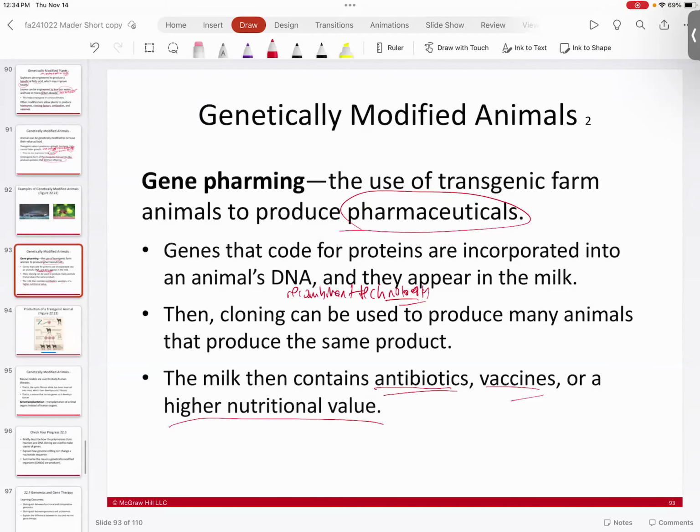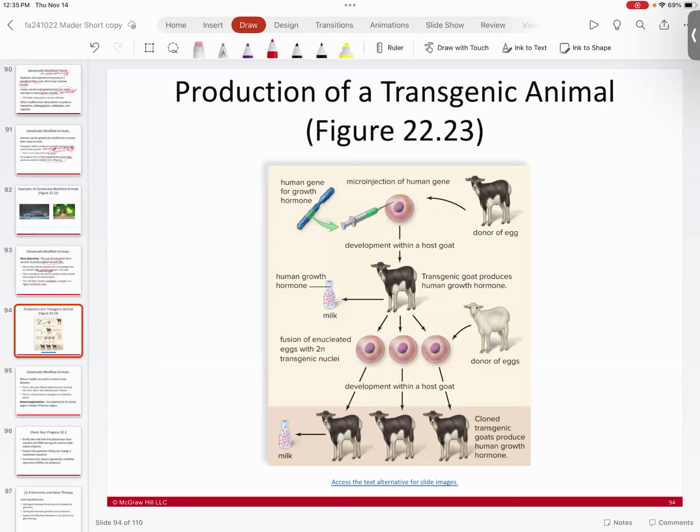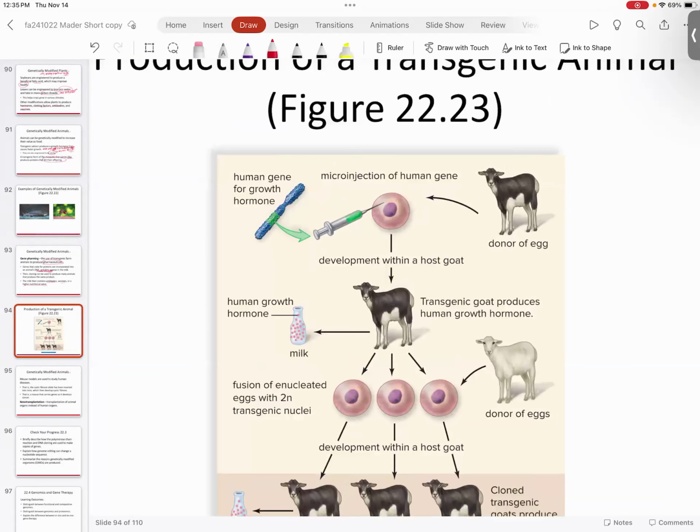So this is one of those ideas of producing pharmaceuticals. This is kind of what it looks like. You would take a gene, like a growth hormone gene, and inject it into, in this case, a goat, right? So this is like a donor egg.